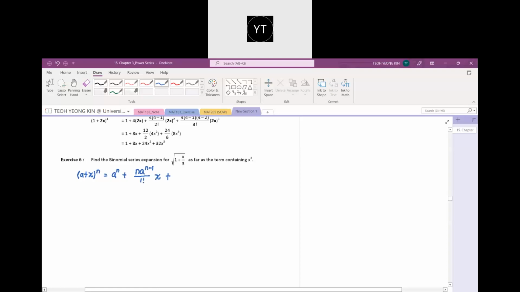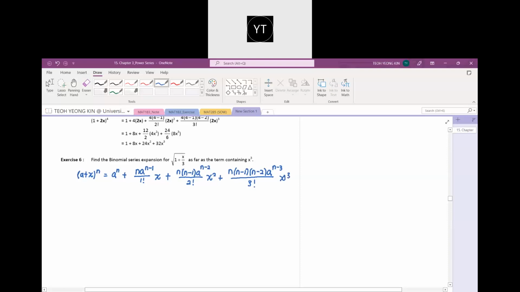The second part, again, multiply n minus 1 to the front: n times (n minus 1) and then a^(n-2) over 2 factorial, x squared. Plus, finally, multiply n minus 2 to the front: n times (n minus 1) times (n minus 2), just like differentiation, and then a^(n-3) over 3 factorial, x cubed.